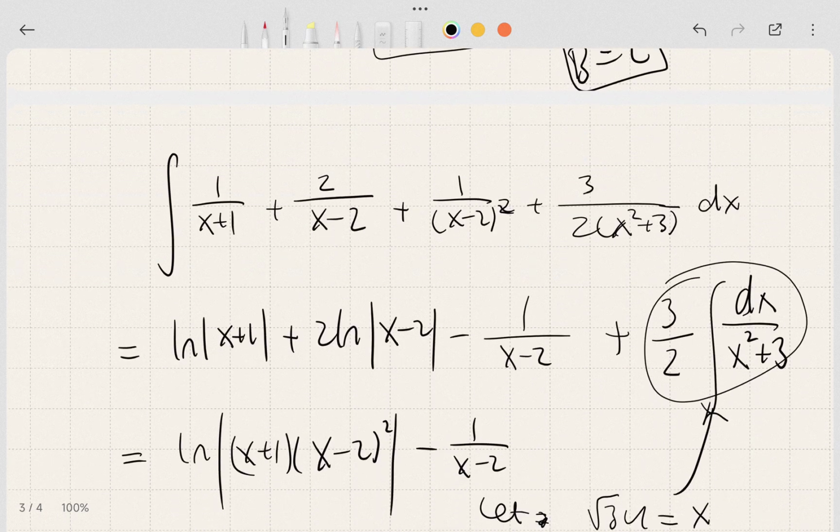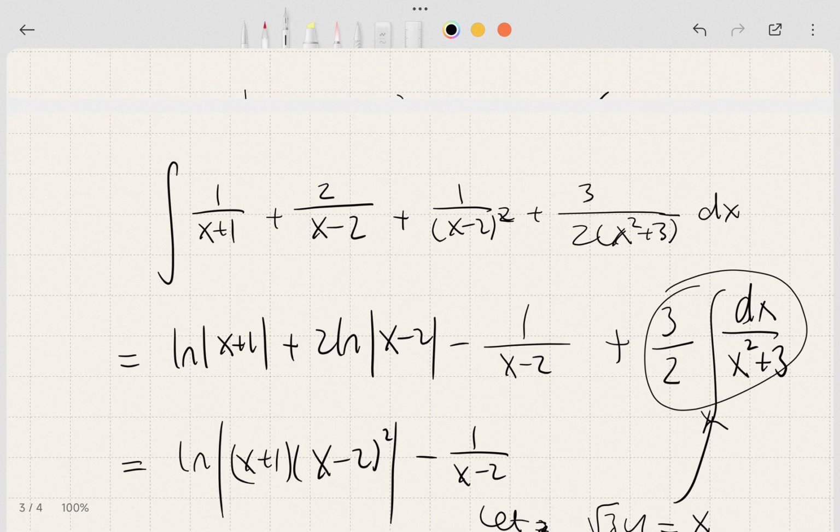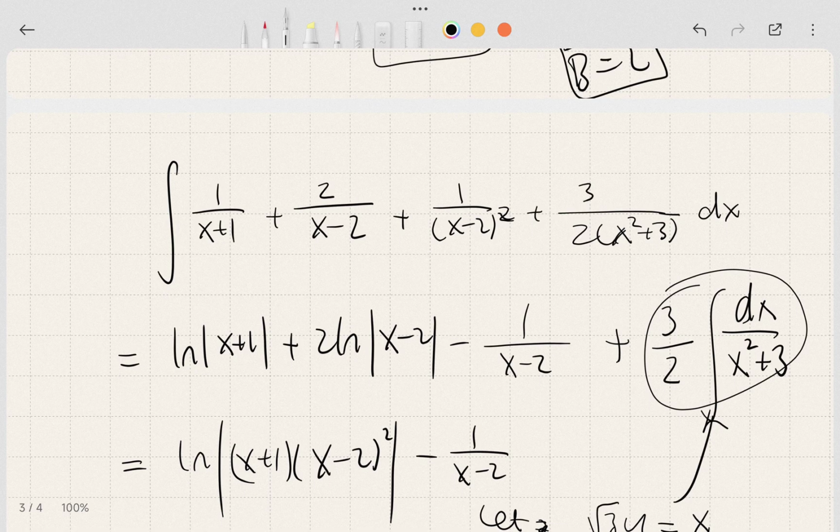Or was it x plus 2? Apparently, I probably made a mistake somewhere along the way, because I did not get the answer that we wanted.